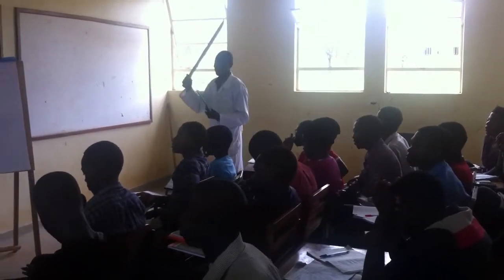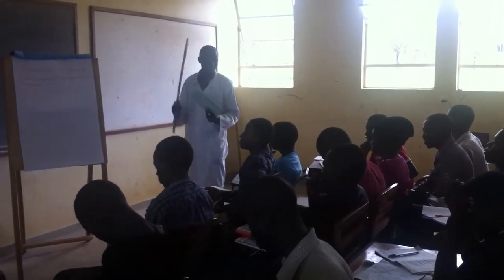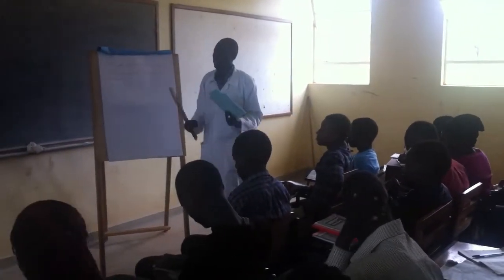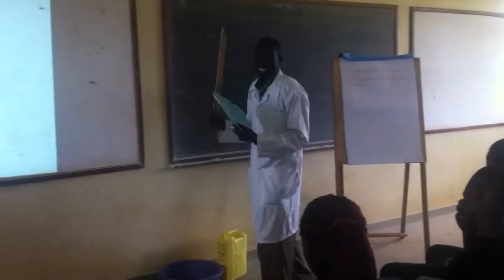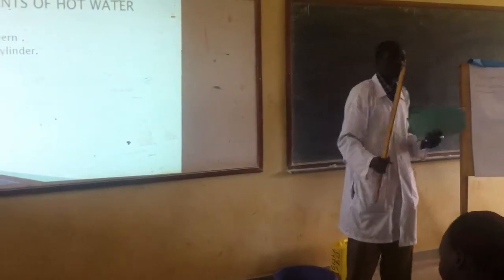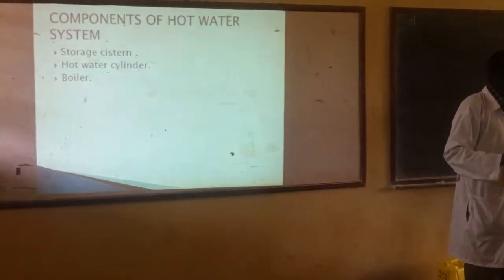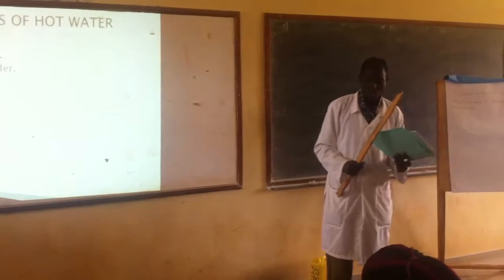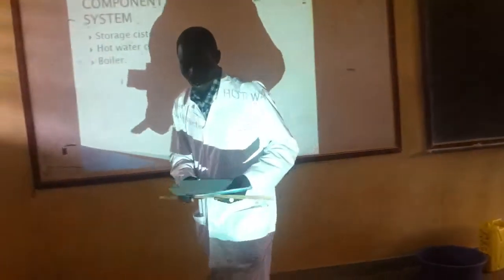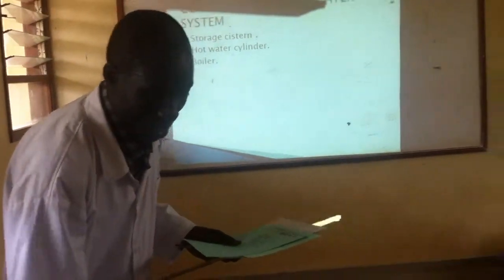So the purpose of the hot water cylinder is to hold or store hot water, heated water. How about a boiler? For heating water, or boiling water. Okay? Let us go to our sketch.